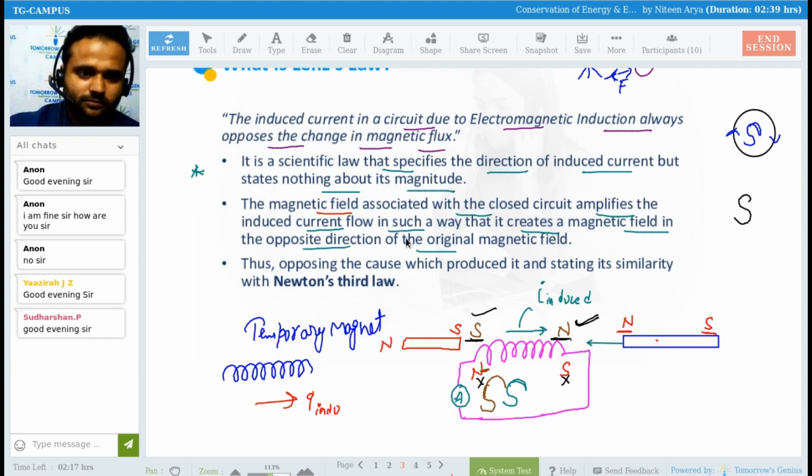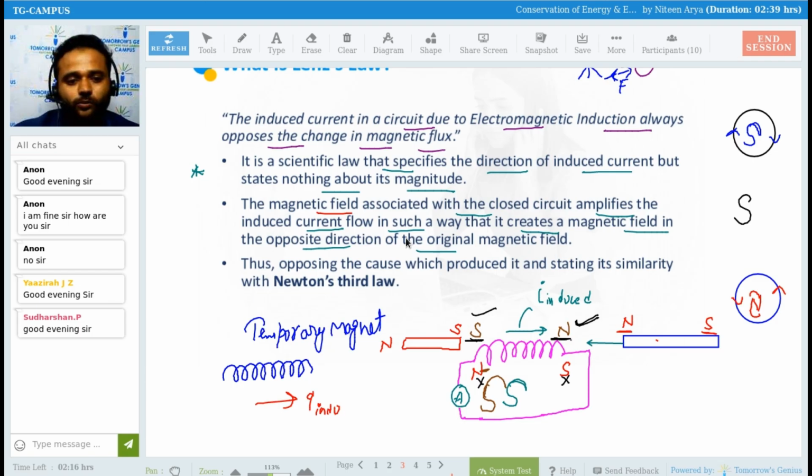If it is reversed, that is how you can understand and correlate. If it is in this way, how does it become north? Simple. Clear? Clear na? Good. So that is the concept.